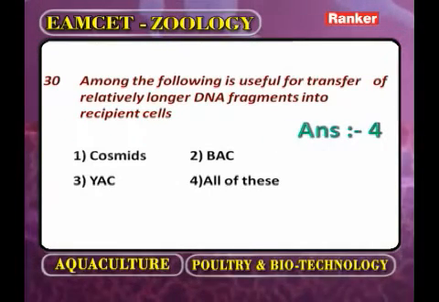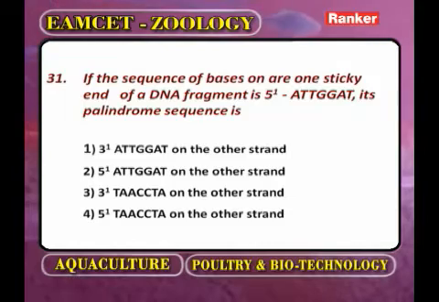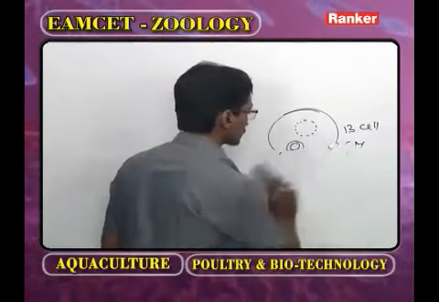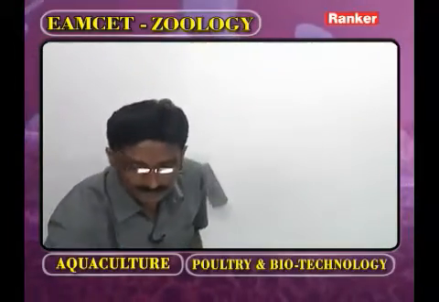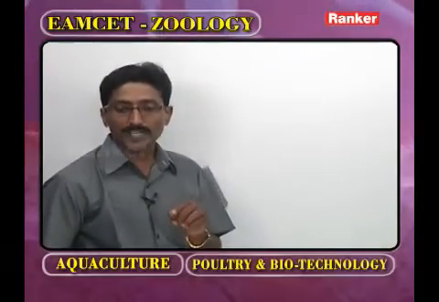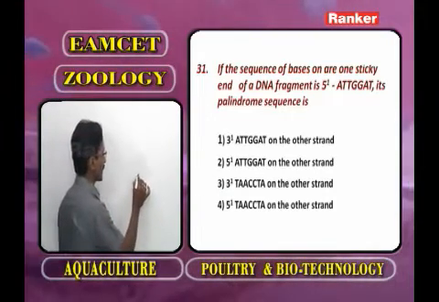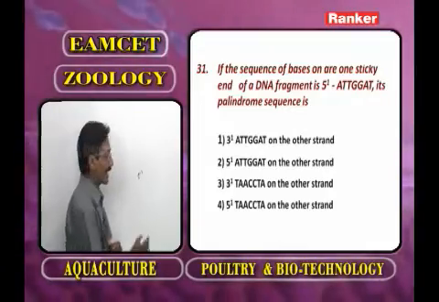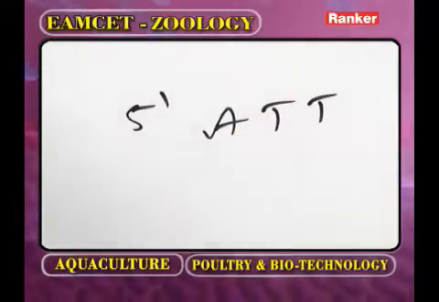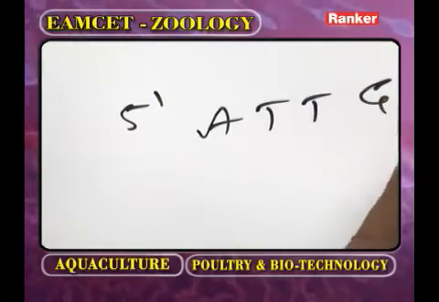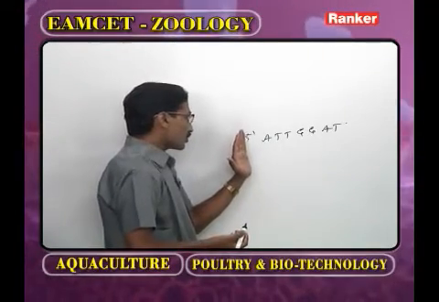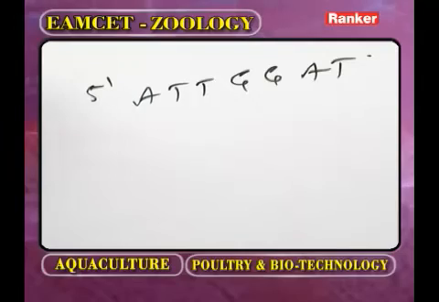Now the next question. If the sequence of bases on one sticky end of a DNA fragment is 5 dash A, T, T, G, G, A, T, now you read the information in the forward direction.